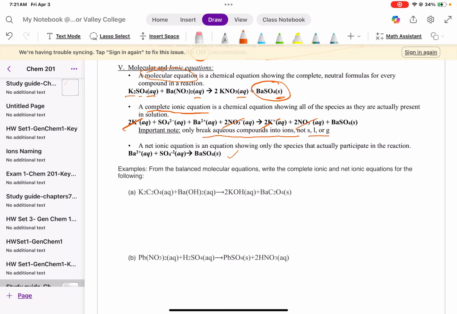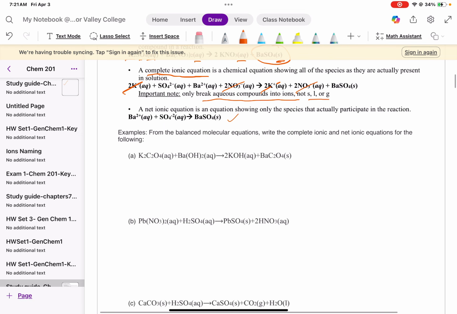There are a few here for you to try. Notice the equation is already balanced. That's good. So that's the molecular equation. Now let's break into ions.